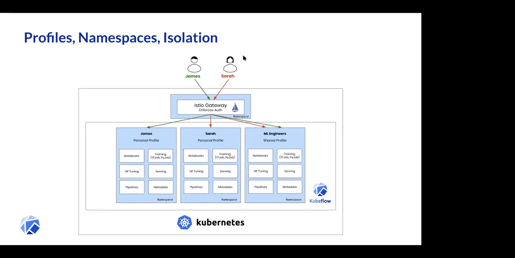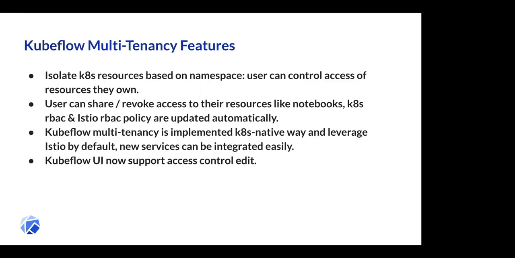A profile can be private, for example, belonging to a user, or a profile can be shared, for example, belonging to a team. For now, only Kubeflow notebooks support multi-user workflows, but in the future, more and more components will support this kind of model. Now I will hand it over to Kunming, who will talk about this implementation and effort in more detail.